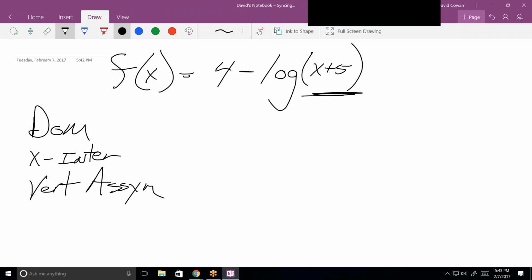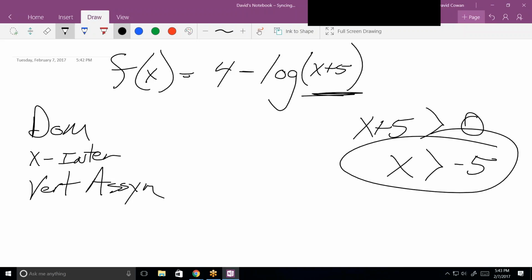So the way to figure out the domain is, let's take that argument, x plus 5, let it be greater than 0, and solve that inequality. That gives you x is greater than minus 5. That's the domain. Do they want it in interval notation? Yeah, she likes it, -5 to infinity.